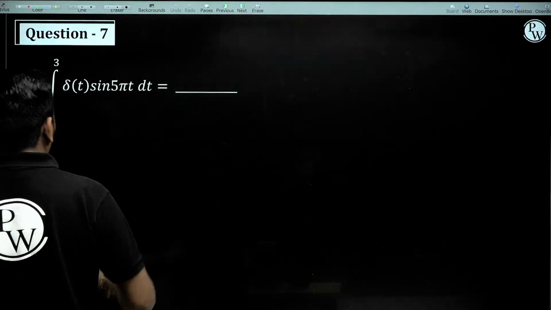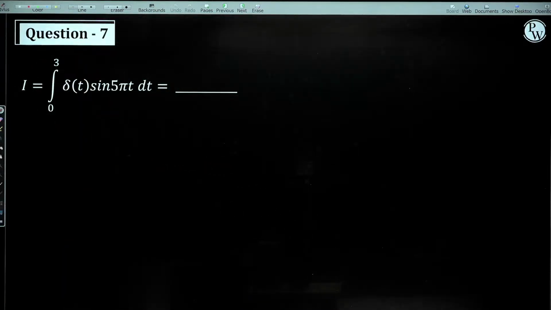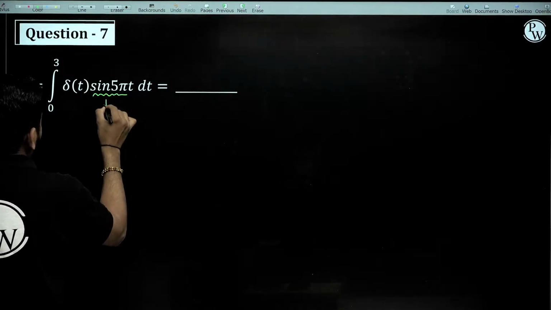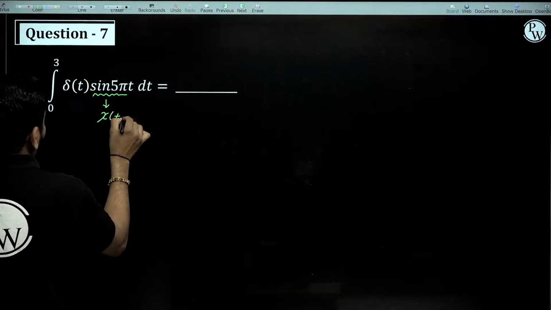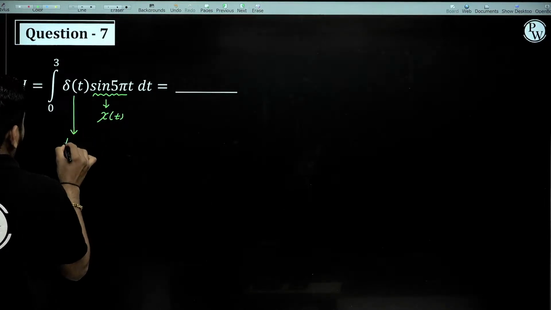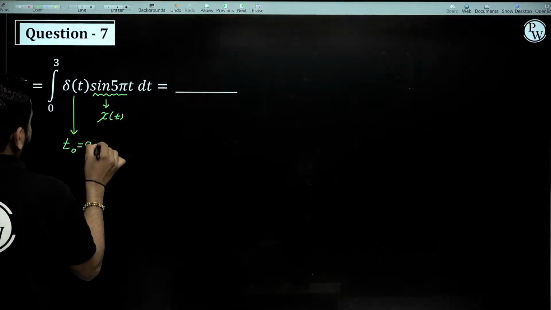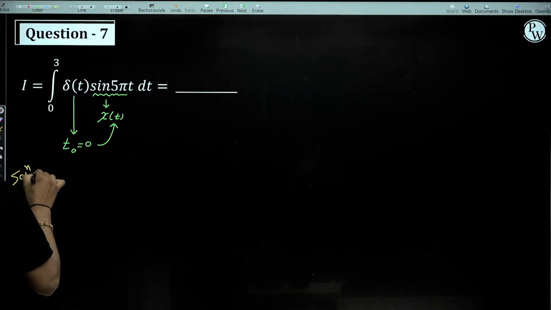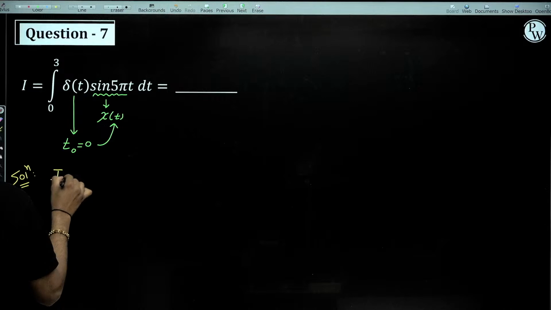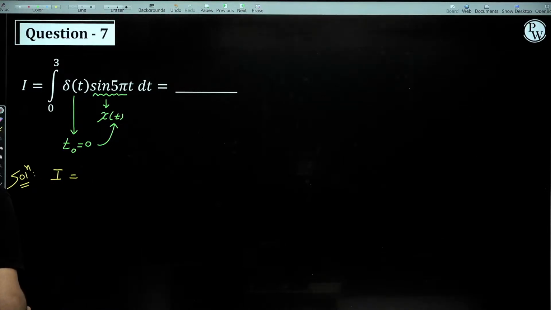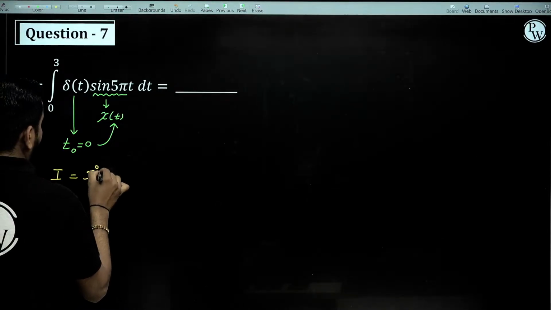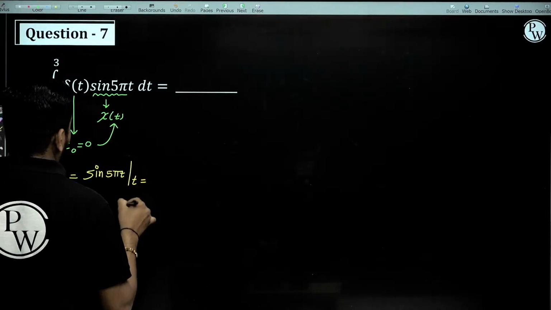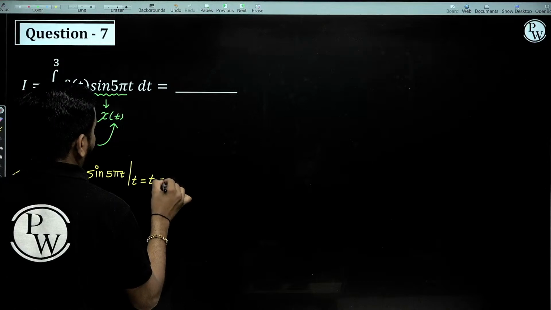Okay. So here now your x of t is sin pi t, and if you compare with the standard format, t naught equal to 0. So this t naught you have to put into the integral value, sin pi t at t equal to t naught equal to 0.